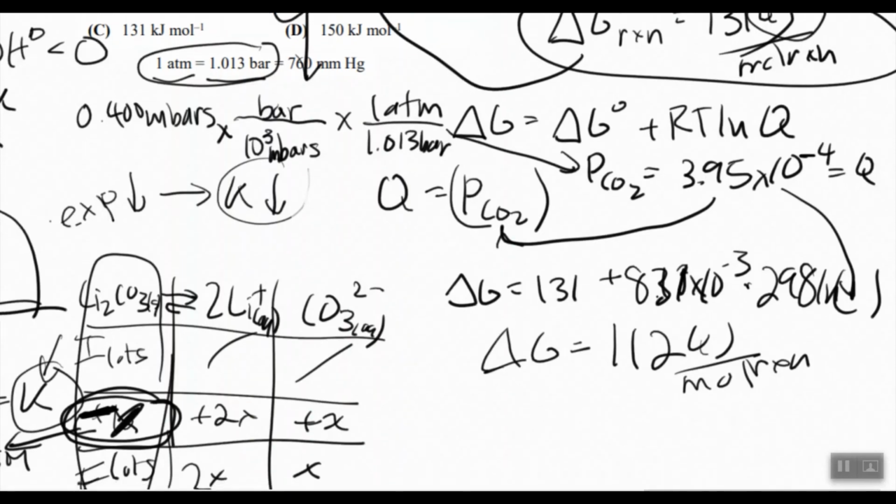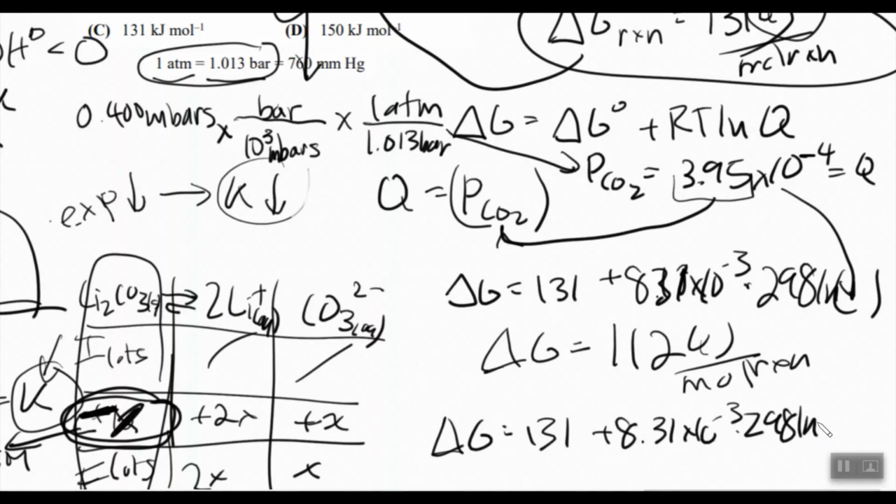So what if we wanted to do sig figs? What would we do? It seems like there are 3 here, so we would have 3 decimal places there. The natural log of 3.95 times 10 to the negative 4 is negative 7.837.